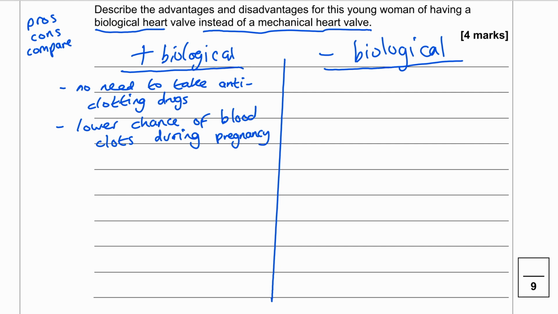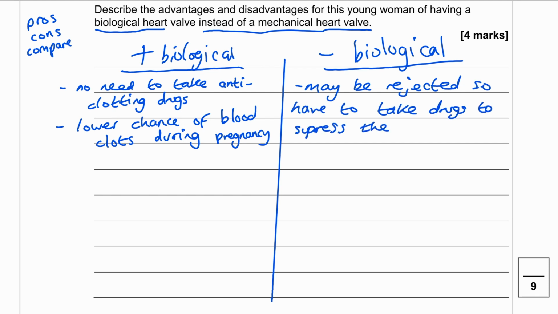Let's list our negatives and disadvantages for our biological valve now. So first disadvantage, it may be rejected, so you may have to take drugs to suppress the immune system. The drugs that have to be taken may have some side effects, which could affect the baby, could affect the mother.